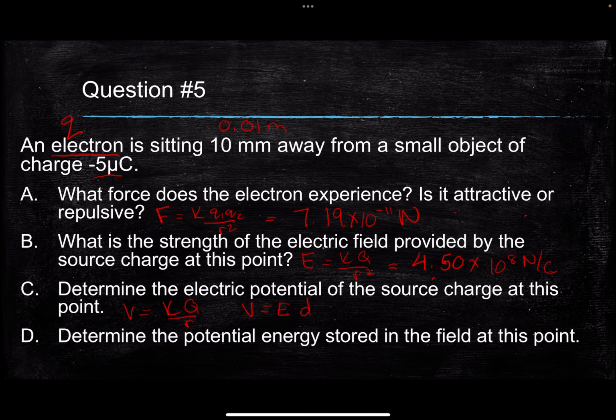So we're actually doing the same thing here, where we could use this electric field and multiply it by that distance, or we could use all of the fresh numbers and plug them into this equation. Either way, you're going to get the same answer.